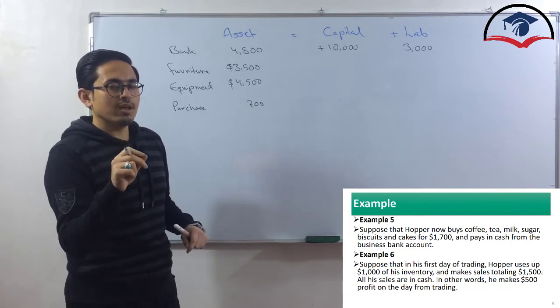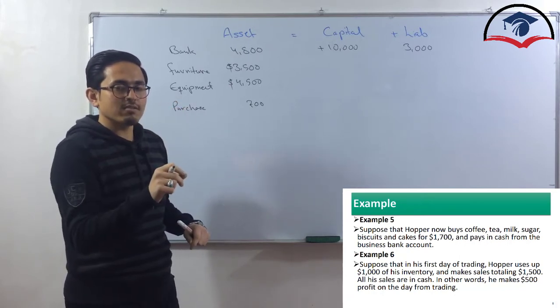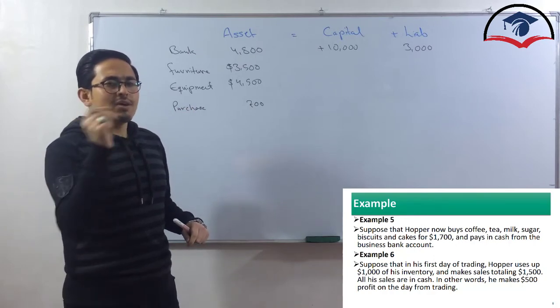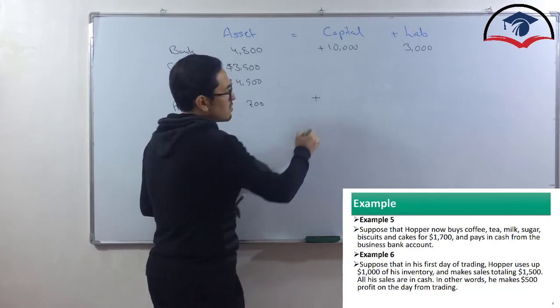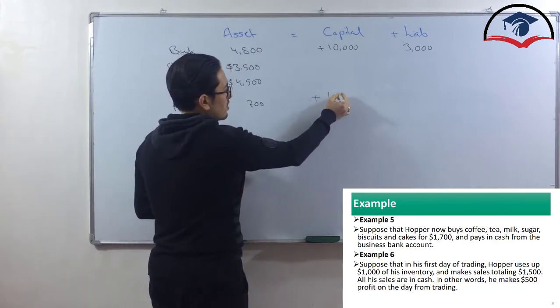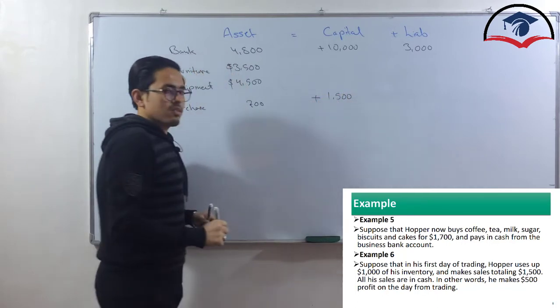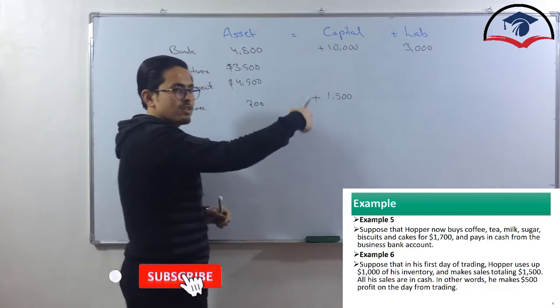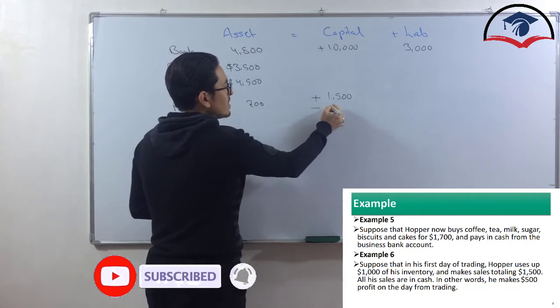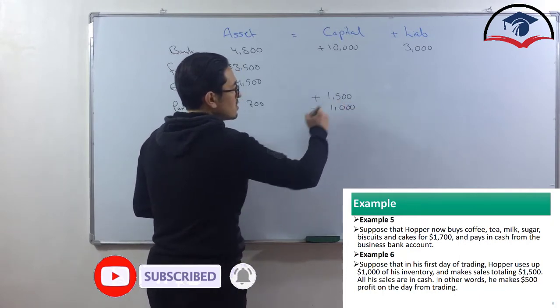I told you in the formula, you can write revenue minus expense, or directly insert the profit. So we can say there is a plus of $1,500 to the business as the revenue. This is a source of funds coming to the business, minus the expense of $1,000.